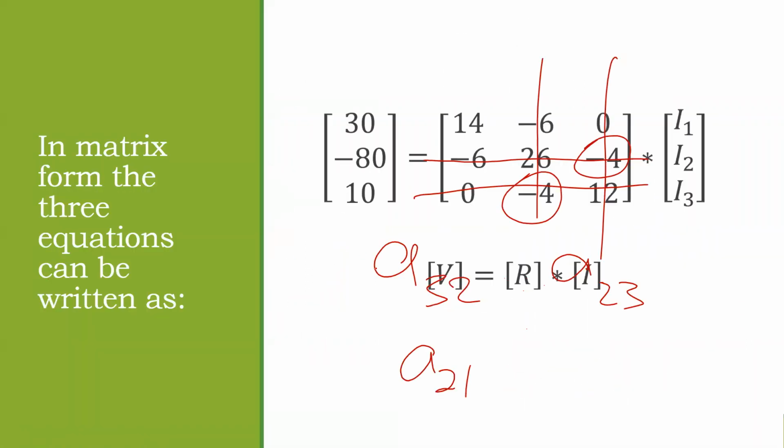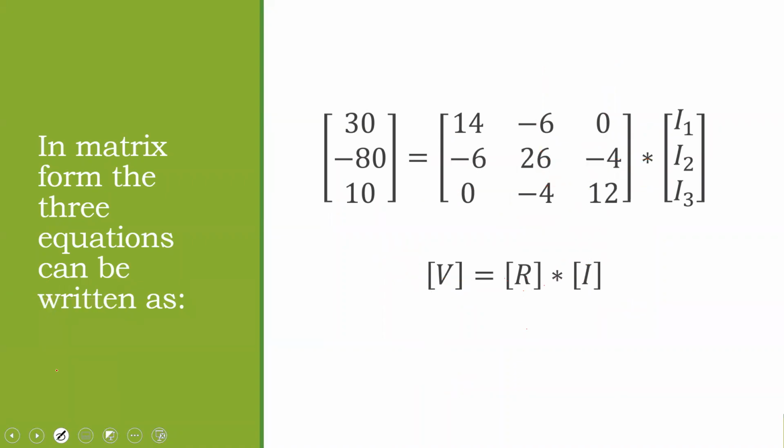So coming back to our matrix, A2,1, row 2, column 1, is 6. The element between 2 and 1 is the same as the element between 1 and 2, so row 1, column 2 is also 6.